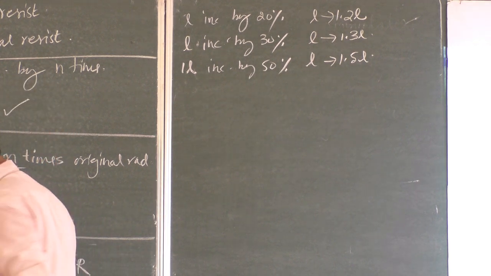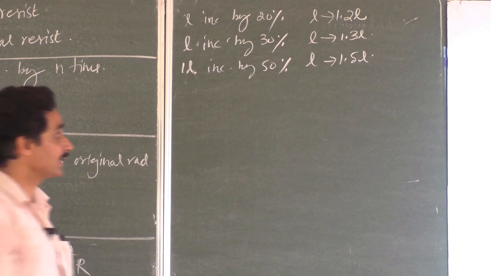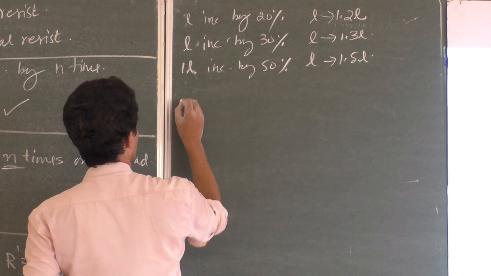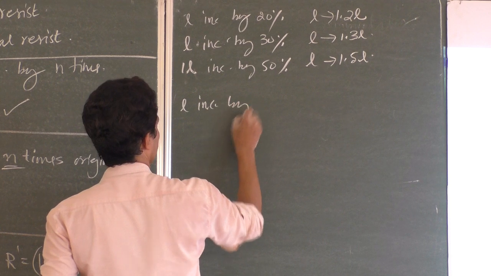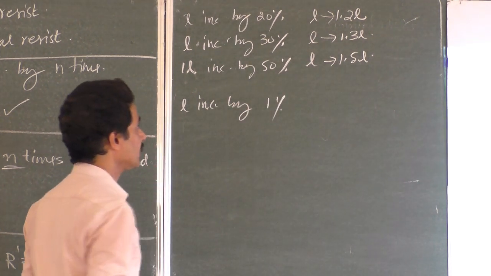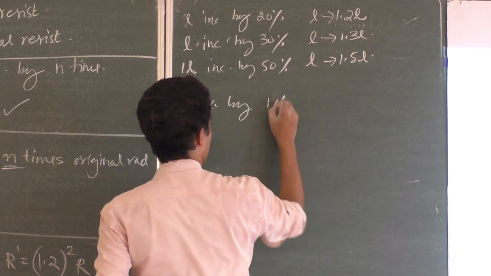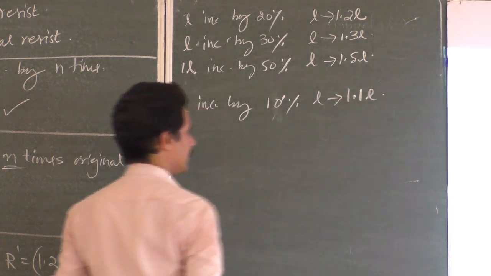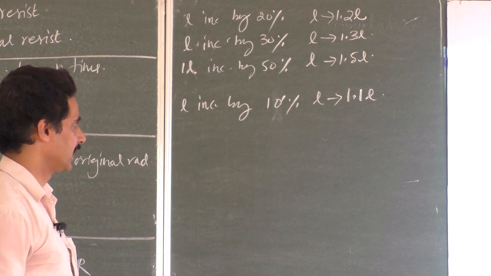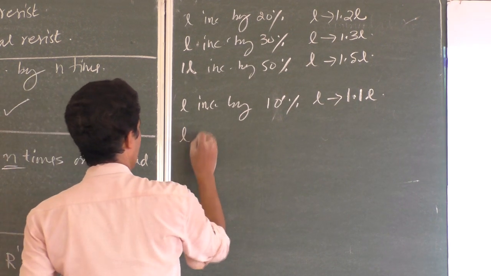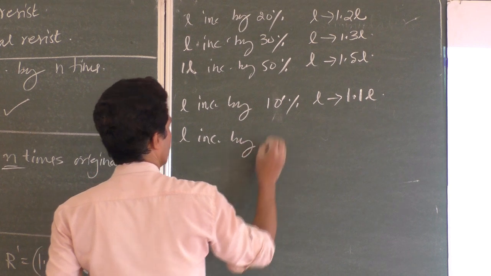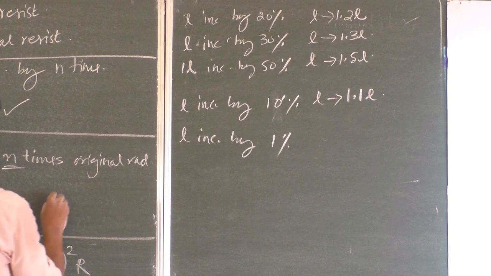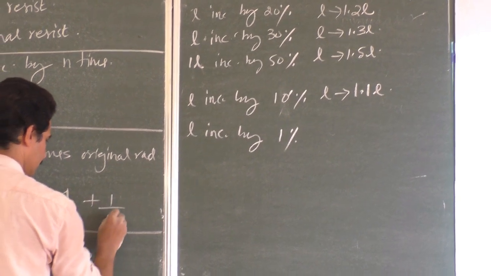Now L increases by 1%. Here the question is 2%. We will see all the percentages. Now L increases by 1%. How do you take 1%? If it is 10%, of course, L becomes 1.1 L. 100 becomes 110. 1 becomes 1.1. L increases by 1%. How do you write it? To 1, you have to add 1%.